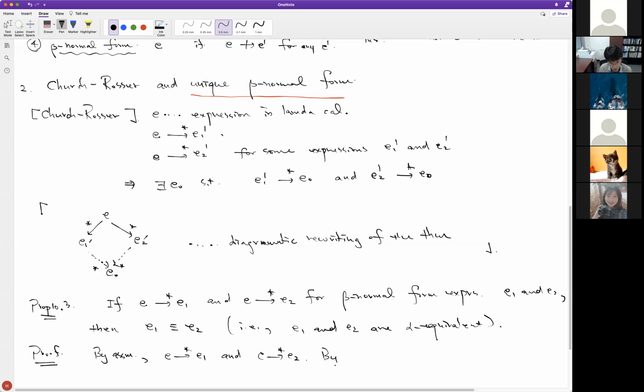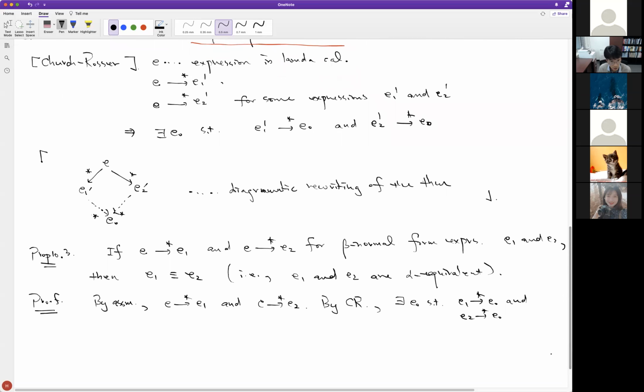Now by Church-Rosser, there should exist E0 such that E1 gets reduced to E0 and E2 also gets reduced to E0. But now, we know that E1 and E2 are in beta normal form.